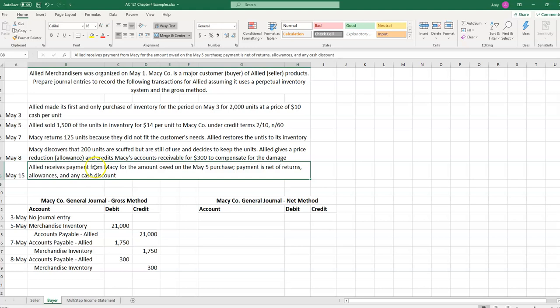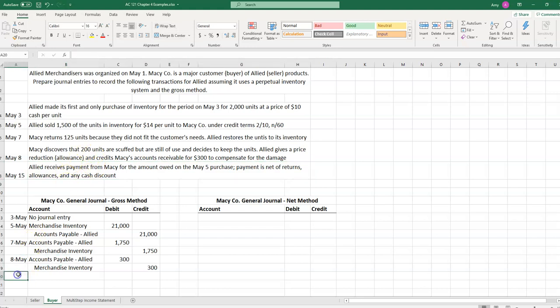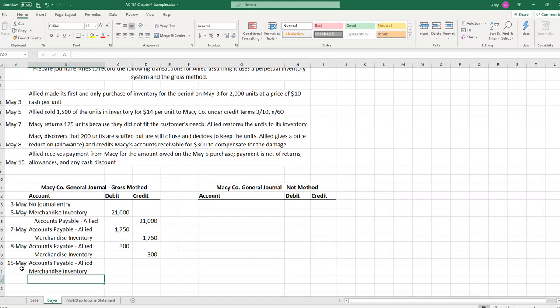Then on May 15th, we pay for the sale. We reduce our accounts payable. Instead of a sales discount account, we put it in our merchandise inventory account. We reduce our merchandise inventory by the amount of the discount.